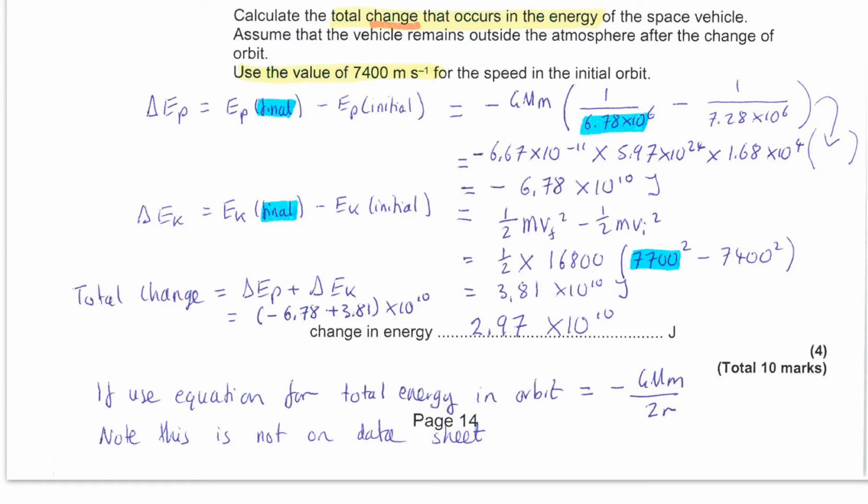Next, a question considering energy changes for orbits. The space vehicle moves from the orbit that is 900 kilometres above the Earth's surface to a lower orbit of 400 kilometres above the Earth's surface. You are also told the orbital speed in this orbit is 7,700 metres per second.